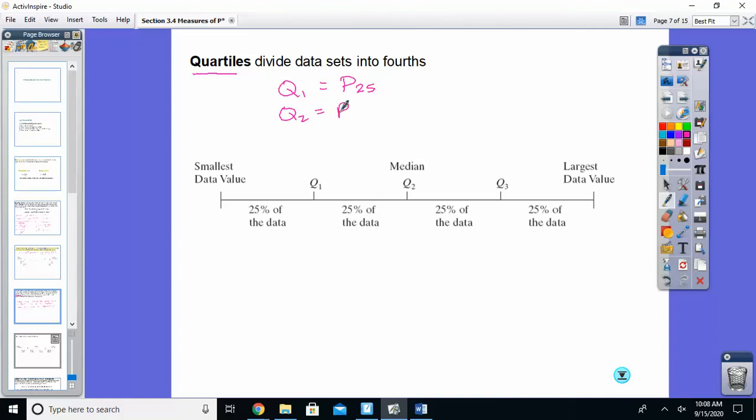Quartile 2 is the same as the 50th percentile. Quartile 3 is the 75th percentile. Quartile 4 would be the 100th percentile. 100% of the data is less than that.